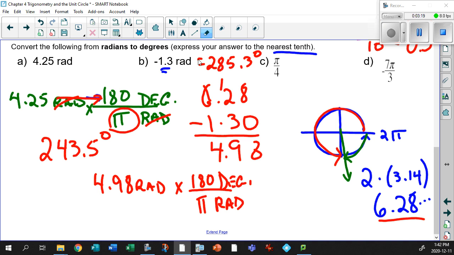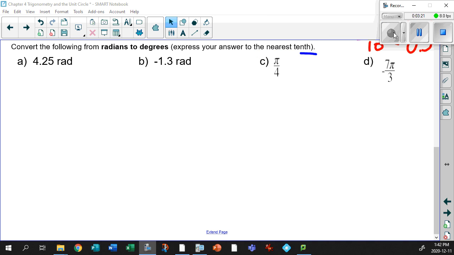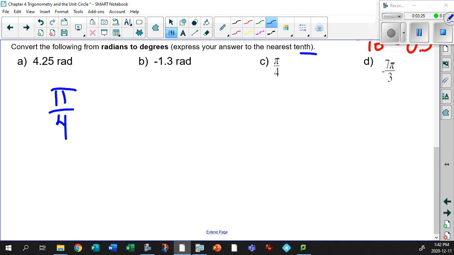Okay, let's do the rest of it. Let me clean this up first. Okay, pi over 4 time. Think about this. This is pi over 4. Obviously, the pi tells you you're in radians. All right? Get rid of the radians by putting the radians on the bottom. I'm going to put my degrees on top. Remember, the conversion, 180 degrees, pi radians. Look how nice this is with pi.